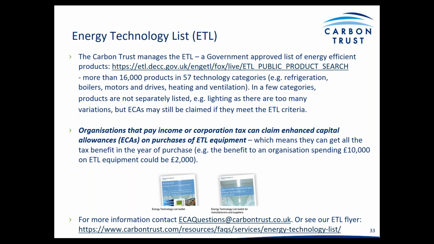If you go to the website shown on the slide, you can see that there are currently more than 60,000 products spread across 57 technology categories. If you qualify, you can claim 100% of your purchase in the first year against taxable profit.